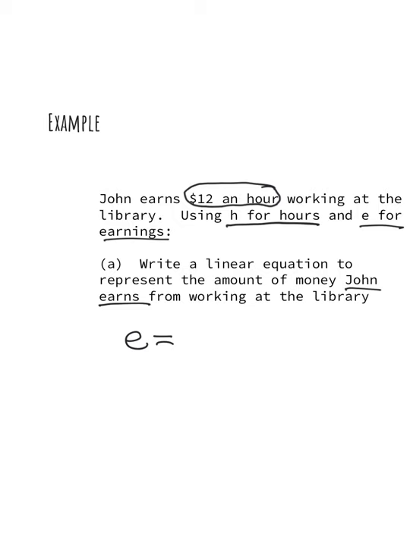We have enough information here. For every hour that he works, he's going to get $12. So his earnings is going to be 12 times the amount of hours that he works, and they said to use H for hours. So that's the linear equation that we come up with: E equals 12 times H.